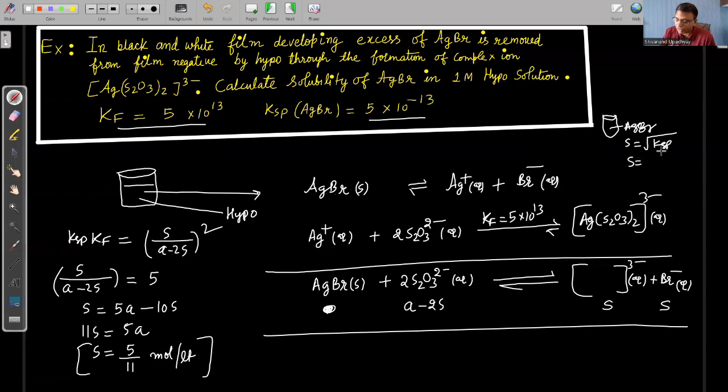So solubility is of the order of under root 50 into 10 to the power minus 7 capital M, meaning approximately 7 into 10 to the power minus 7 capital M. This is the order of solubility. Now from this value, it is increased to this value, right? So there is a huge change in solubility due to complex ion formation. So this is a very important effect of complex ion formation on solubility.